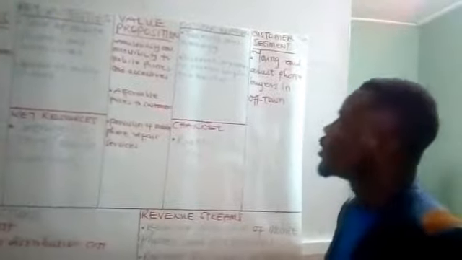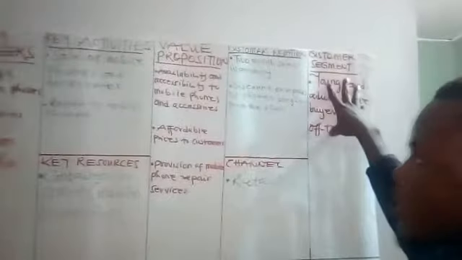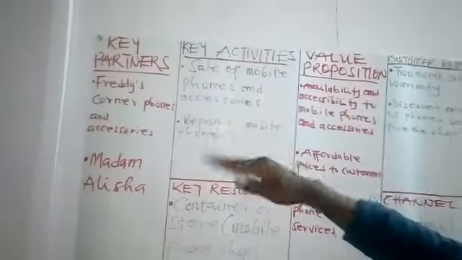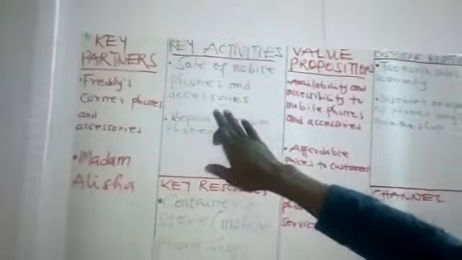So these are the 2 things he's going to use to maintain his customers and get access to new potential customers. Then from there we move on to the key activities. In order to render this value to these customers, what are the major activities that he's going to perform? He said his major activities are going to be sale of mobile phones and accessories and repair of mobile phones.